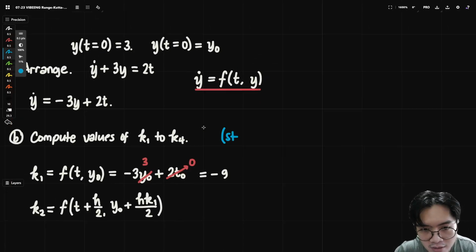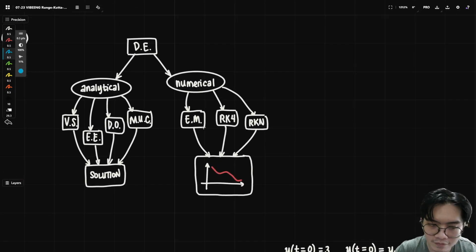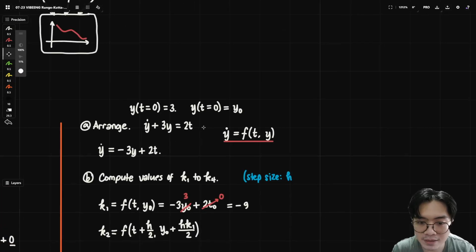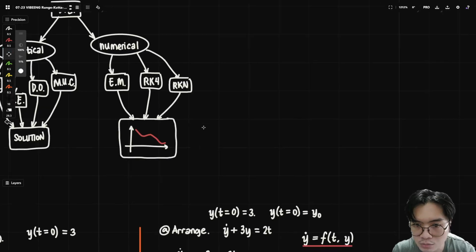In numerical methods, ano bang nangyayari? We don't have an analytical solution. We don't have a y equals blah, blah, blah. We can only solve this using initial conditions. And finally, ang problema pa is that we need to have a particular step size, which means our computation is discrete. It does not produce a smooth shape.